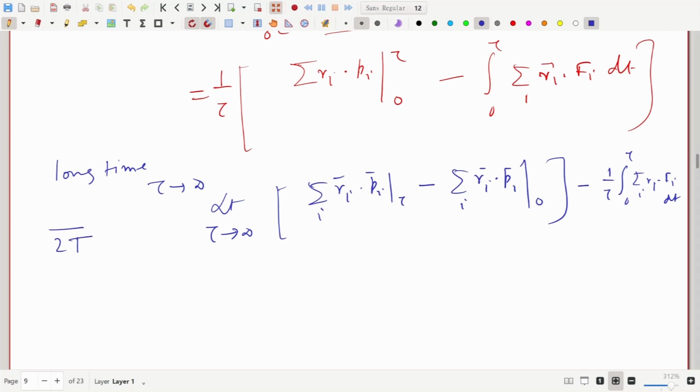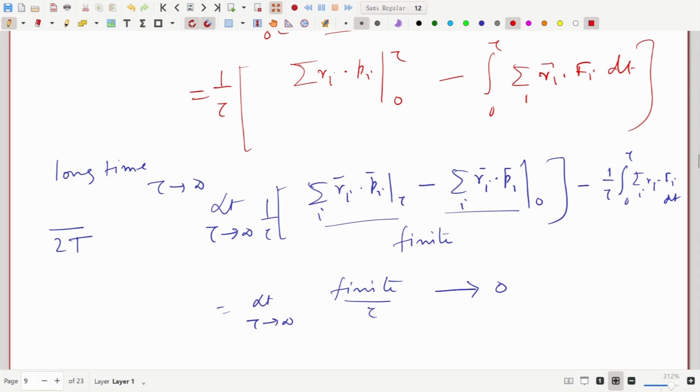Now, in the conditions we mentioned in the statement of the Virial theorem, the particle number is finite and they move in a finite region of space. So, the difference of this quantity will be finite, and it is divided by tau. In the limit tau going to infinity, a finite quantity divided by tau will go to 0.